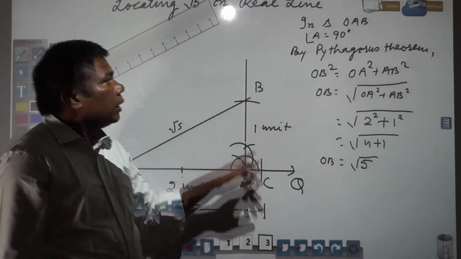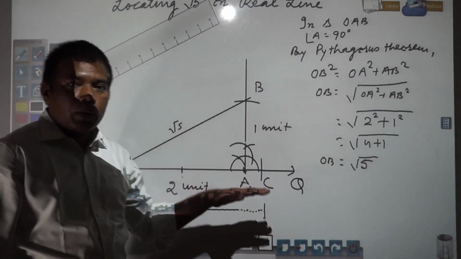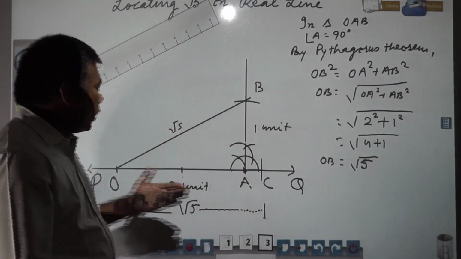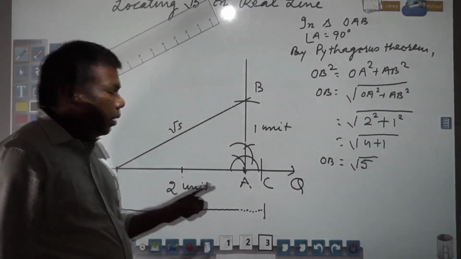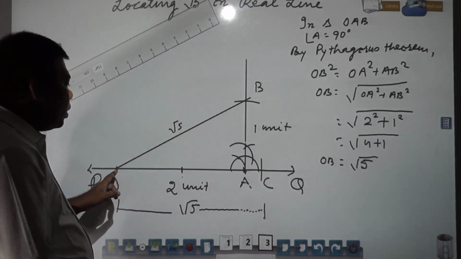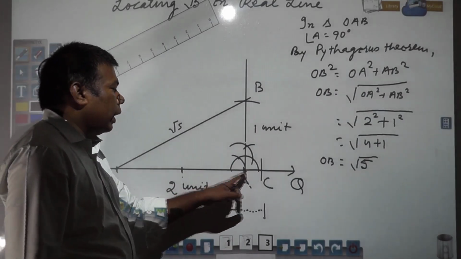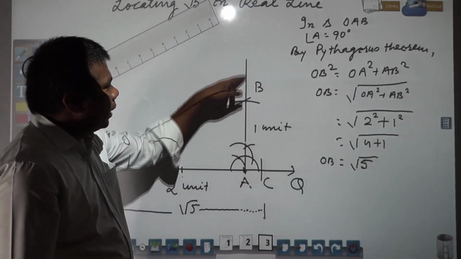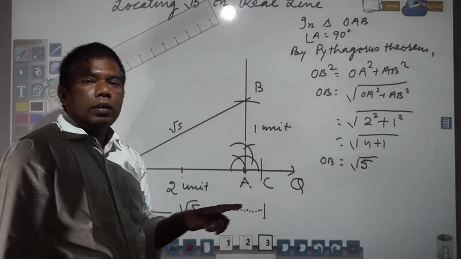So again the same thing is required to be done. What things have been done improperly you will need to do again, and all the steps you need to write what you did. So you recall, you made a number line PQ, you fixed a point O where the number starts with 0, and OA you have taken 2 units. At point A you have drawn a 90 degree angle, and the perpendicular line you have drawn is AB, where AB is equal to 1 unit.